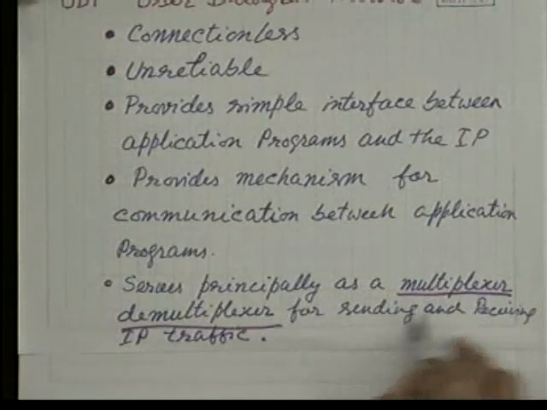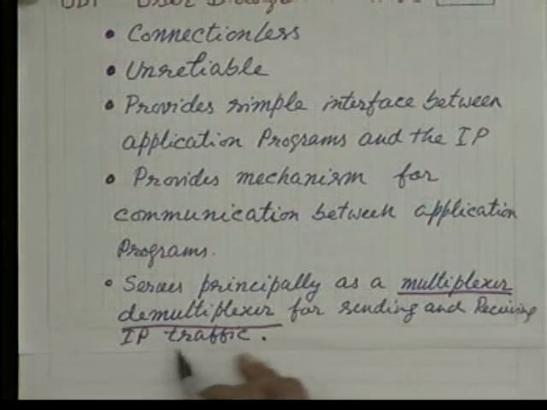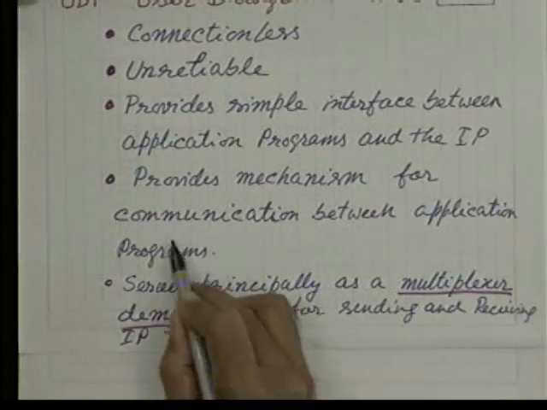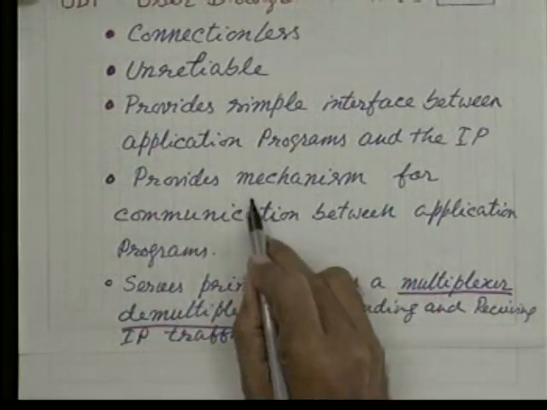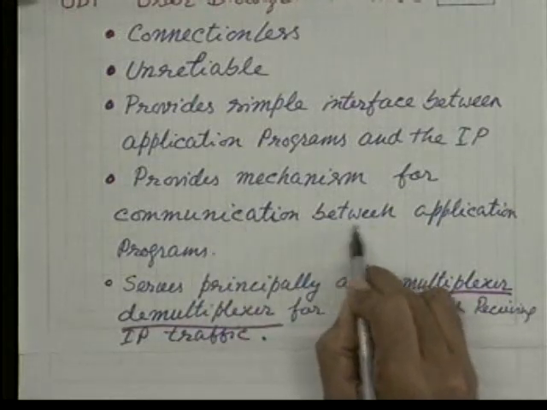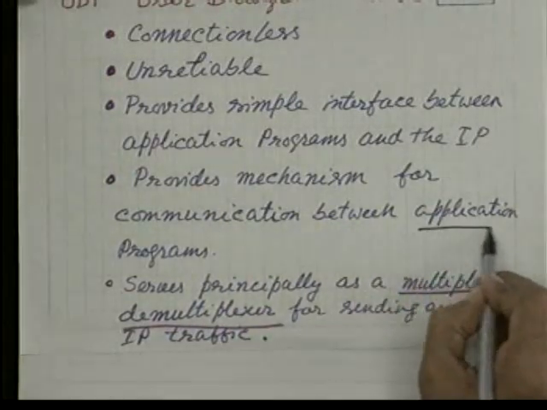As I said, it serves principally as a multiplexer and demultiplexer for sending and receiving IP traffic. And actually it allows for communication between application programs directly. So this is what is being done by the UDP protocol.